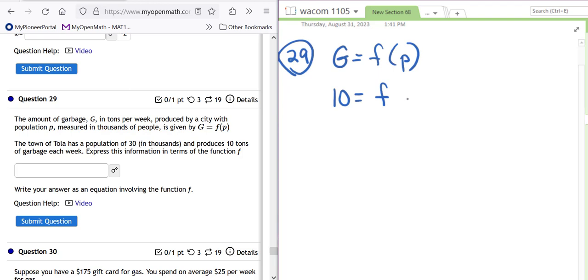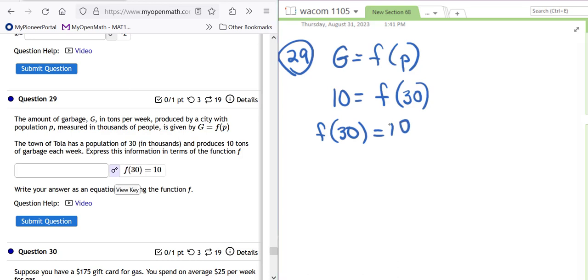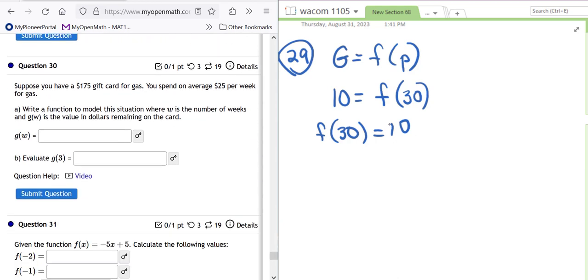So your population is 30, and they're using thousands in there. So f of 30 equals 10. Your order doesn't really matter there. And you would use parentheses to type that notation in. Right, one more of those.